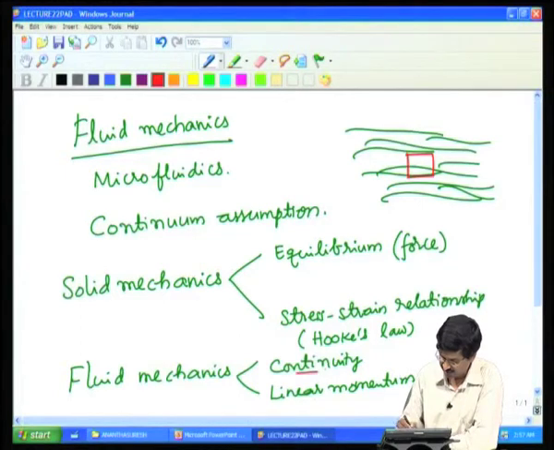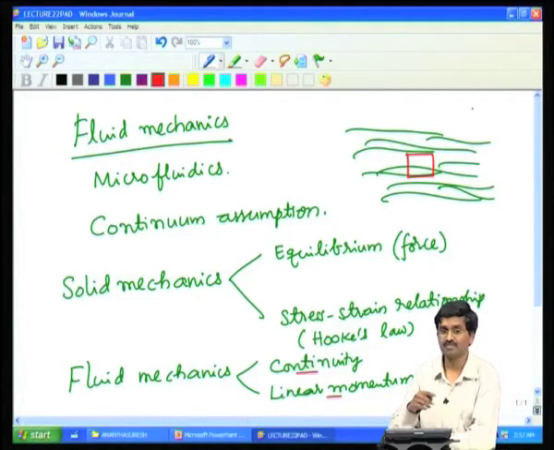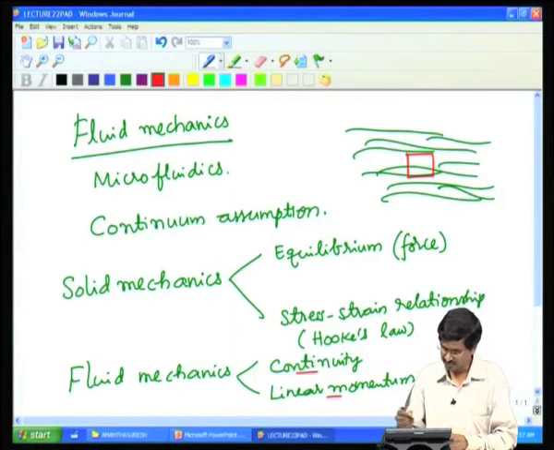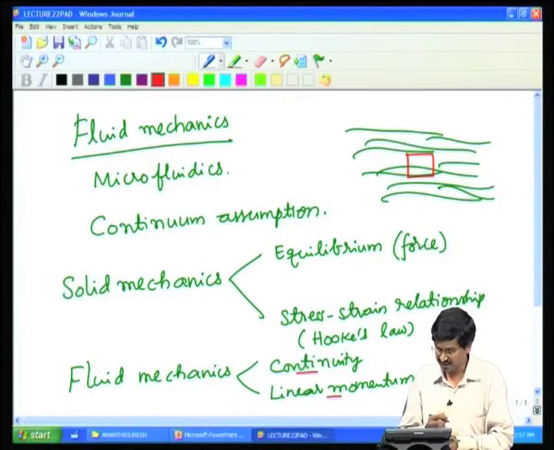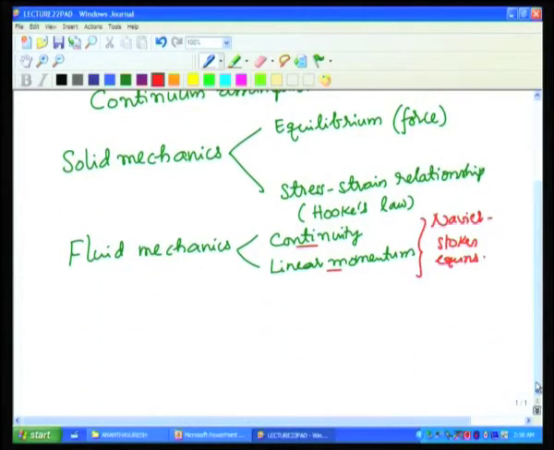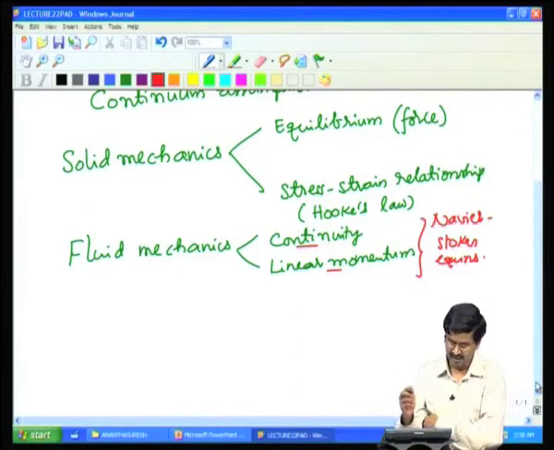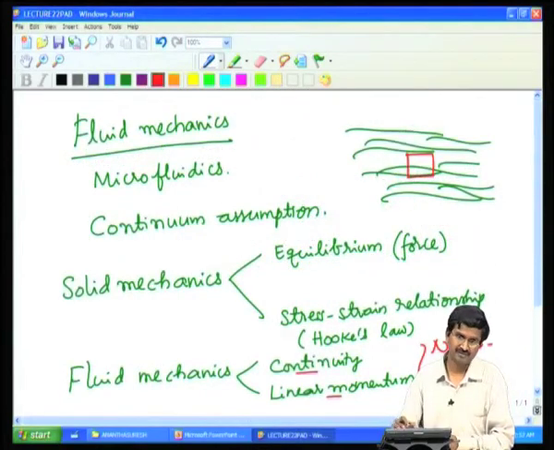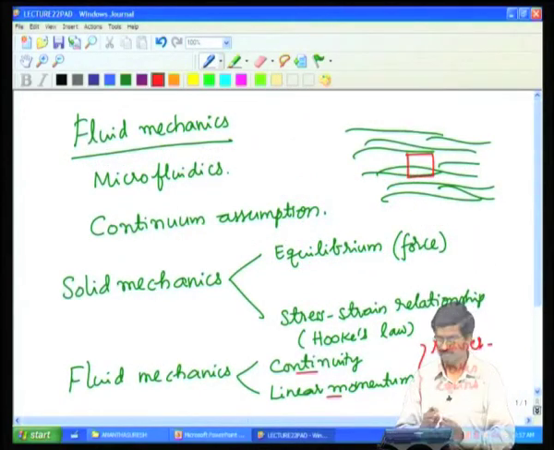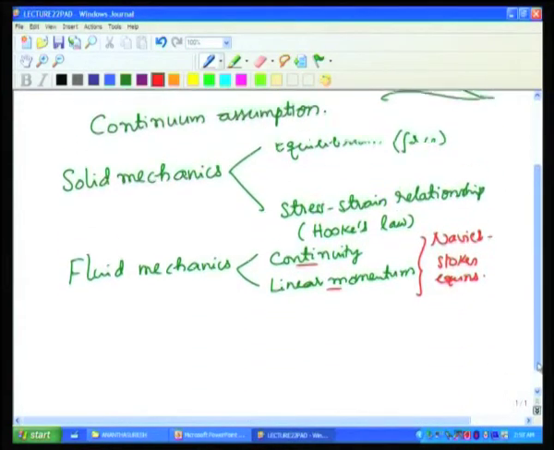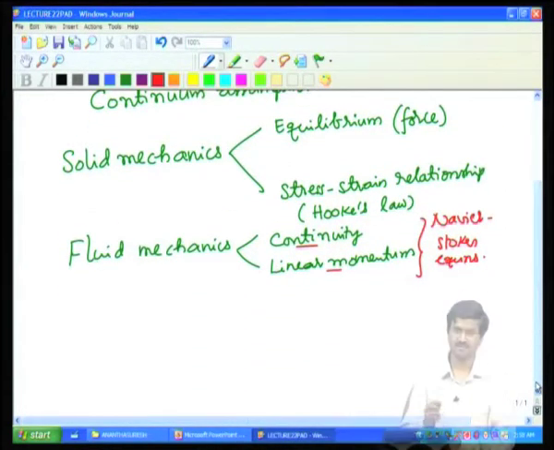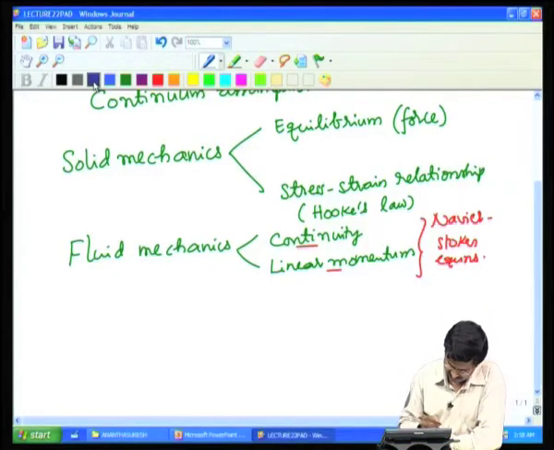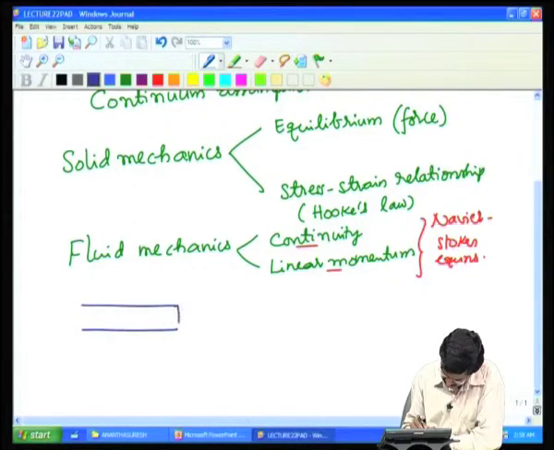You need to have that continuity, but also linear momentum, because all around, fluid particles are going to experience forces. So, the conservation of linear momentum and continuity will lead to what are called the Navier-Stokes equations. We certainly are not going to derive them or even state them, we will just look at a couple of flow patterns that we find in microsystems. Okay. Let us take the first example of what happens in the case of comb drives.